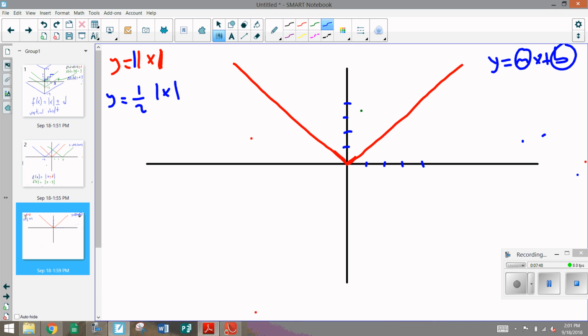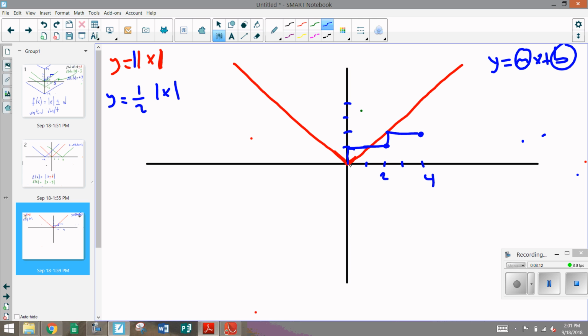So slope is apparently 1 over 2. Rise 1 unit, run how many units? 2 units. 1 and 2. Make sense? And do it again. Rise 1 unit, then run how many units? 2 units. 1, 2. Okay?